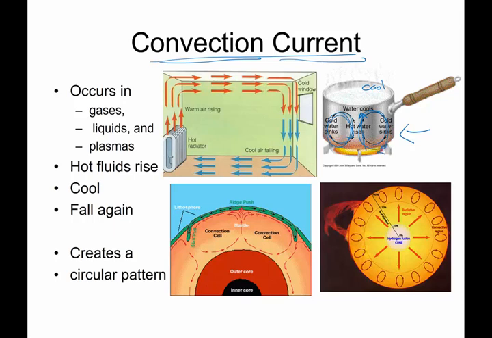You know from life experience that hot gases rise, like in a hot air balloon, and cold gases fall. This circular pattern of hot gases rising and cold gases falling, or hot fluids rising and cold fluids falling, is called a convection current. We see it on the stove when you boil a pot of potatoes.